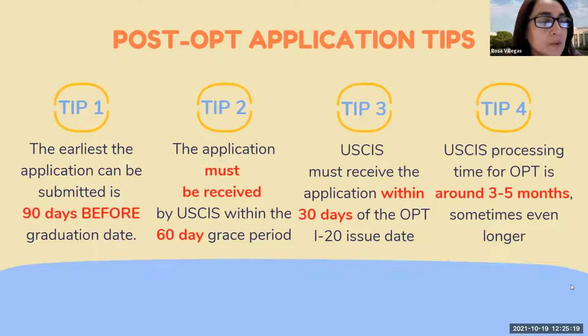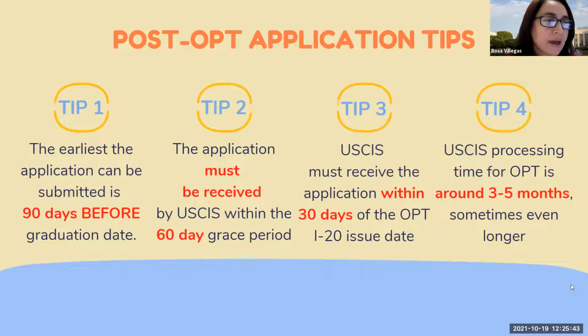Also, something really, really important, and the reason we're giving you these tips is because we want all of you to get approved for your OPT. Once you give us your request and we approve the OPT and we give you the I-20, you must file your application within 30 days from the day we issue the I-20.